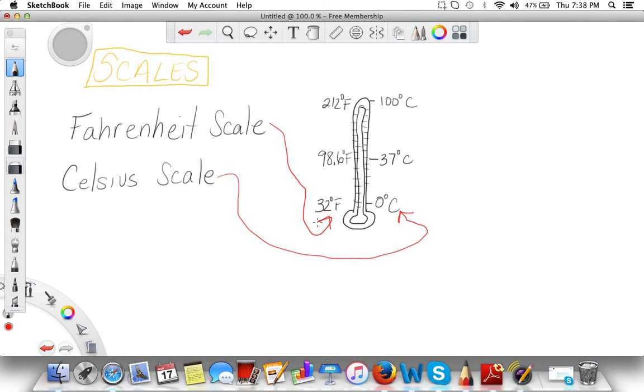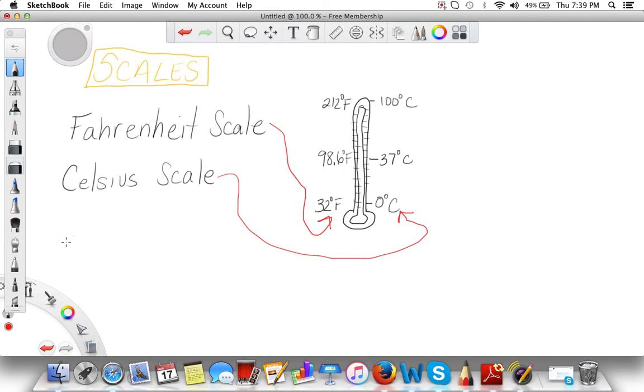Fahrenheit is here on the left-hand side. Celsius is on the right-hand side. Now, every measure of Fahrenheit has an equivalent measure of Celsius. It's kind of like in lesson 8 or 9, when we were talking about centimeters and meters, or inches and centimeters. They're different measures that can be equivalent, okay? But they're on different scales.